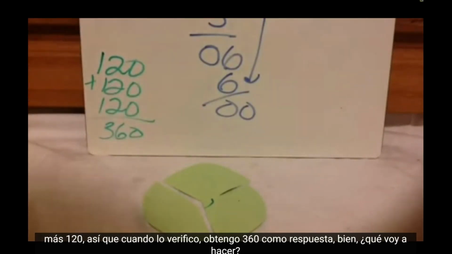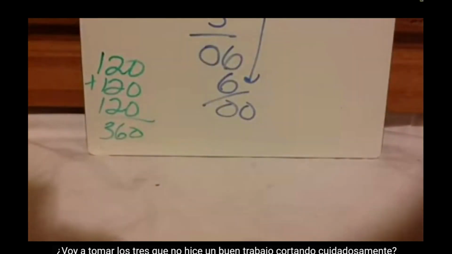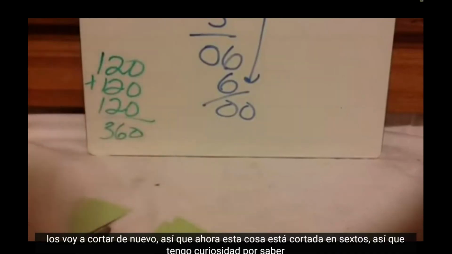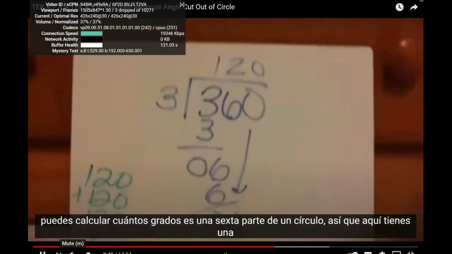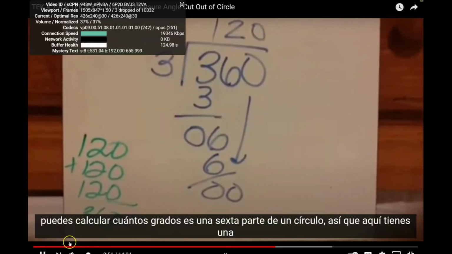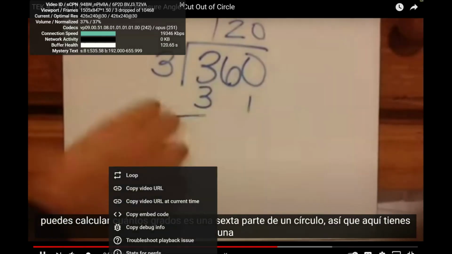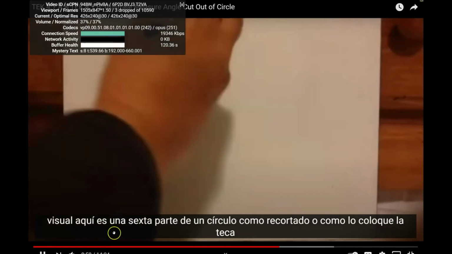Okay, so now I'm going to take all 3, which I did not do a good job of cutting neatly. I'm going to cut them again. So now this is cut into 6ths. I'm curious, are you able to figure out how many degrees is 1/6 of a circle? Here's a visual.